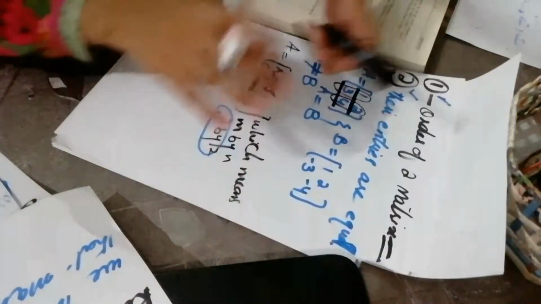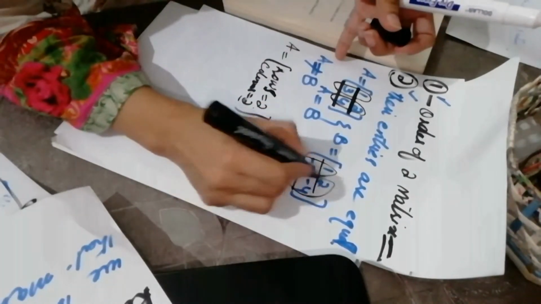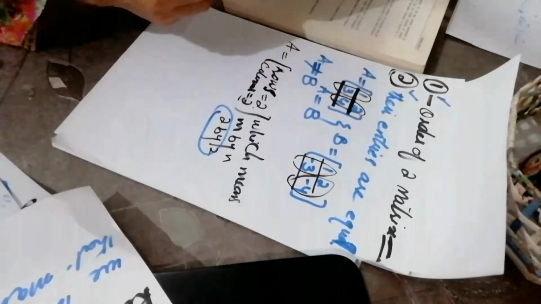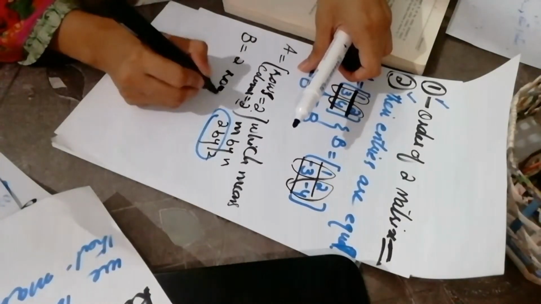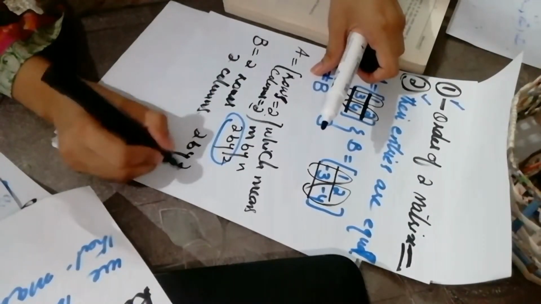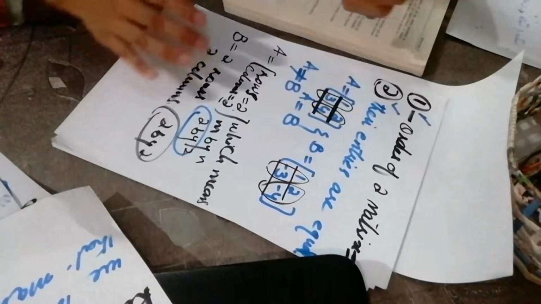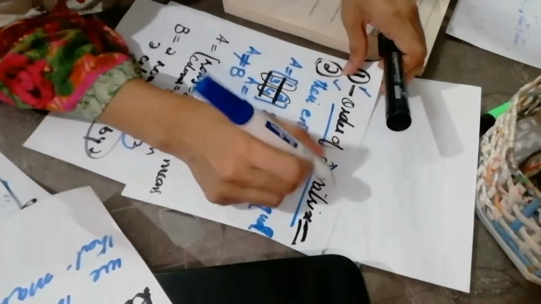If we check B, it also has 2 rows and 2 columns, 2 by 2. It means the first condition is done for these two matrices. Now we will check whether the second condition is fulfilled or not.